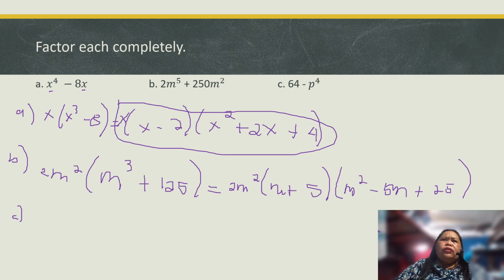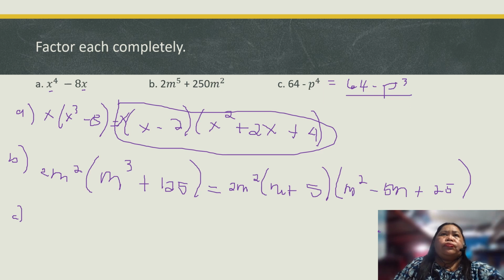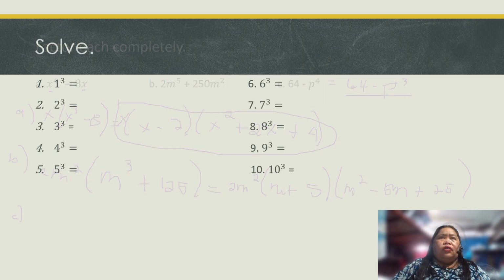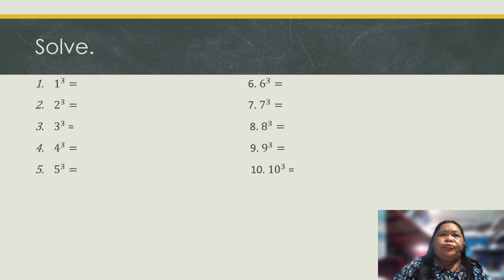This is given, so we can write that as 64 minus p cubed. I think there is a typographical error also. So this should be like this.